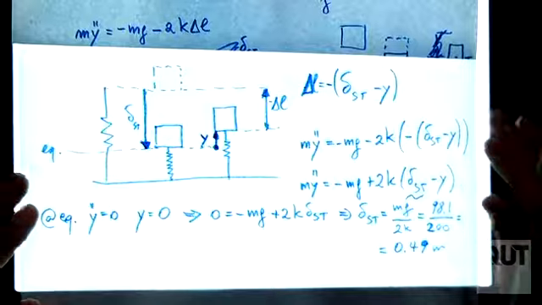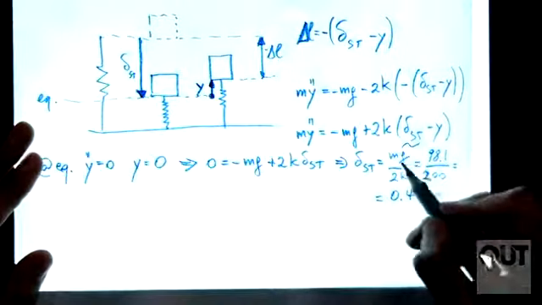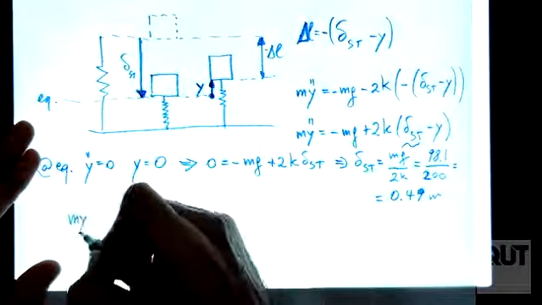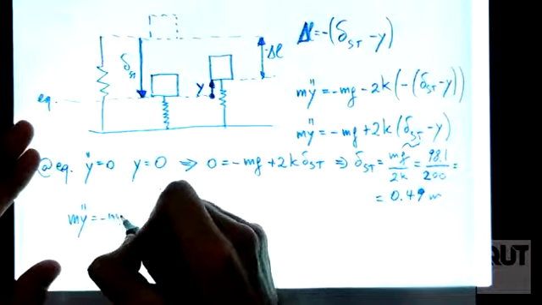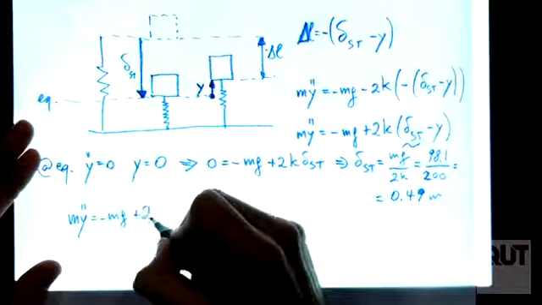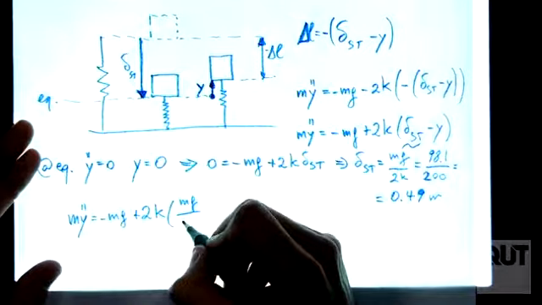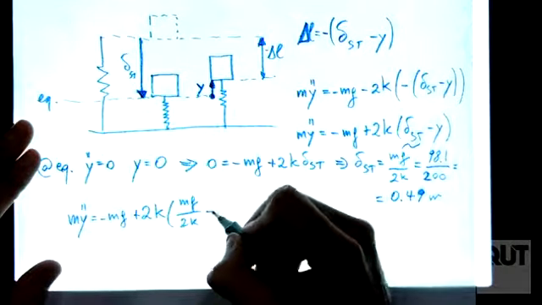Now, if I put this back in this equation, my y dot dot equal minus mg plus 2k. Now, delta static, I know it's mg over 2k minus y.